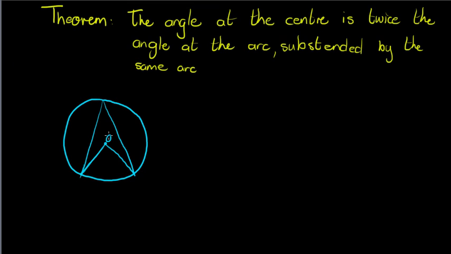Okay, so we have center O, we have A, B, C are the points on the circumference.